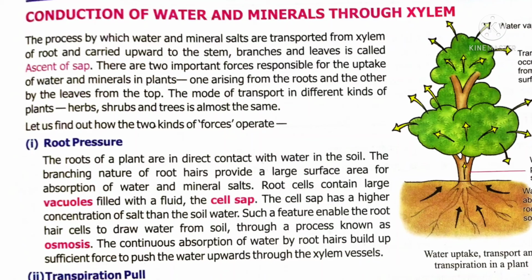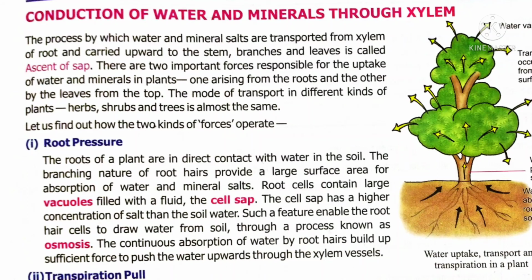So what happens? We know that heat flows from a higher temperature body to a lower temperature body. In the same way, water flows from a more concentrated water area to a less concentrated water area. That means from more amount of water to less amount of water. I told you cell sap has less water than the soil water. So soil water is more, so it pushes inside.